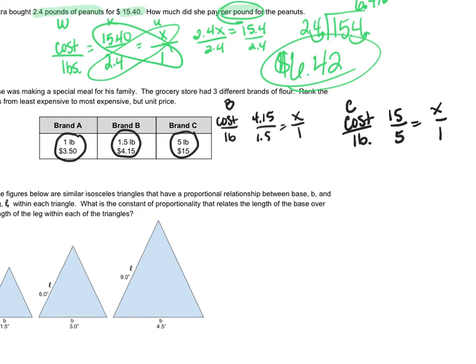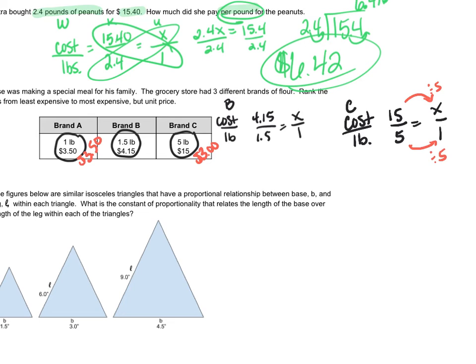On C, before I move on, I can clearly see that it scales down easily. It's going to be divide by 5, divide by 5. So 1 pound is going to be $3. Our cost here is $3. We already found our cost here. It was $3.50, remember?